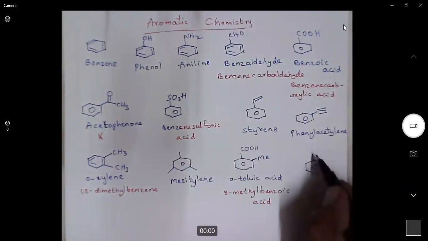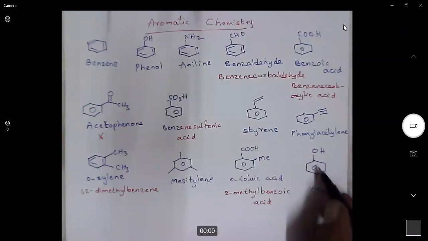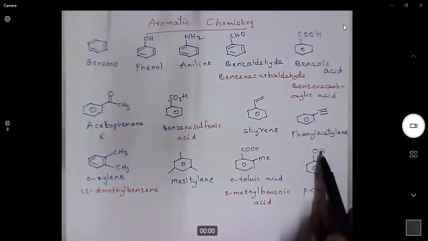When we have OH and methyl groups, this is called cresol. Since these two are 1,4 related, it is called paracresol. Paracresol is the common name. When we look at the IUPAC nomenclature, alcohol takes the first priority.